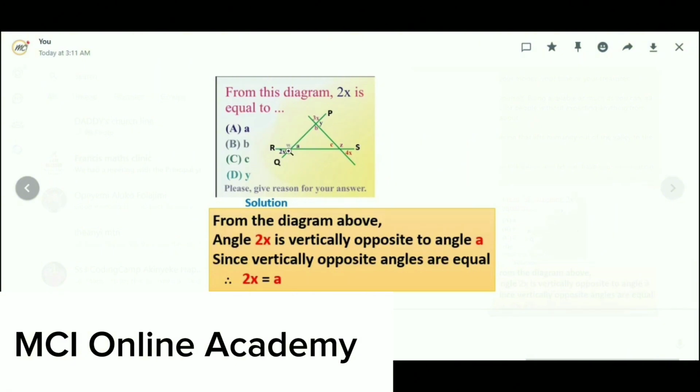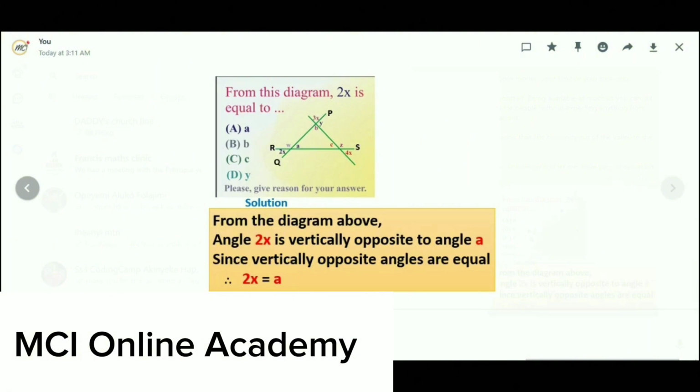Now, look at 2x here, it is vertically opposite to A. Therefore, from the diagram above, angle 2x is vertically opposite to angle A. Since vertically opposite angles are equal, therefore 2x is equal to A. Do you see that? That is very simple.